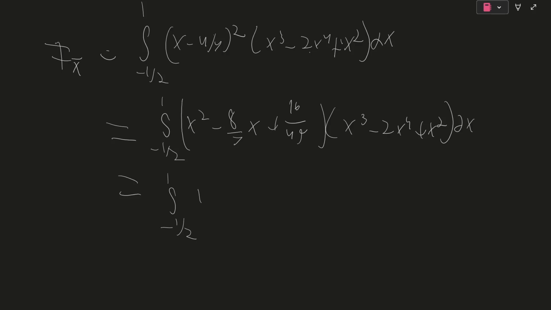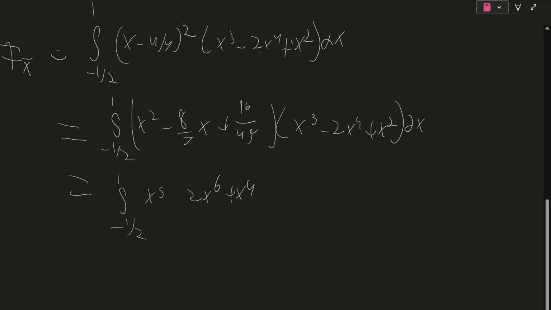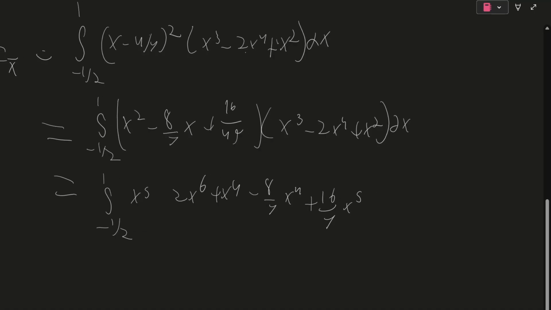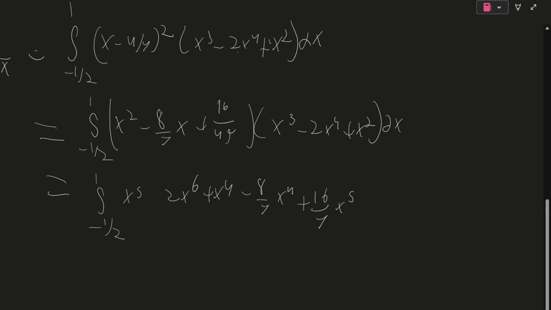So we have x to the 5th minus 2x to the 6th plus x to the 4th. And now we have minus 8/7 x to the 4th, plus 16/7 x to the 5th, and minus 8/7 x cubed.